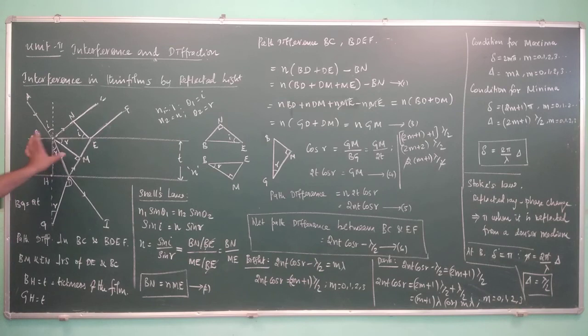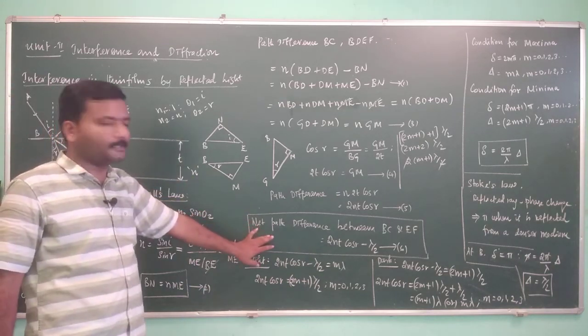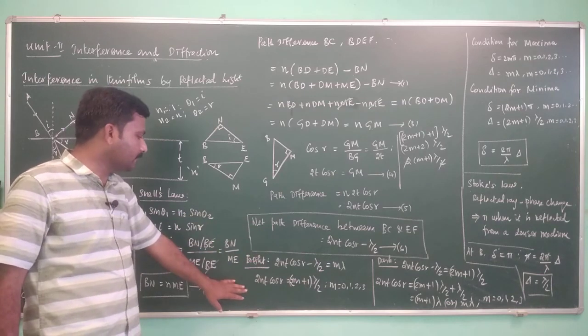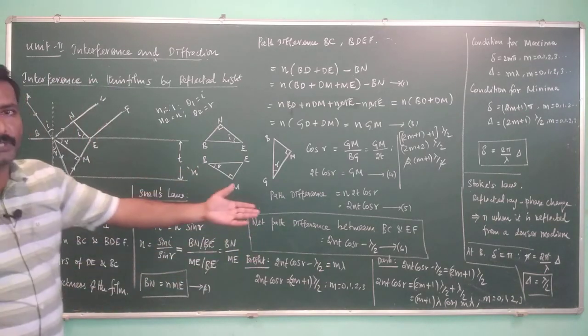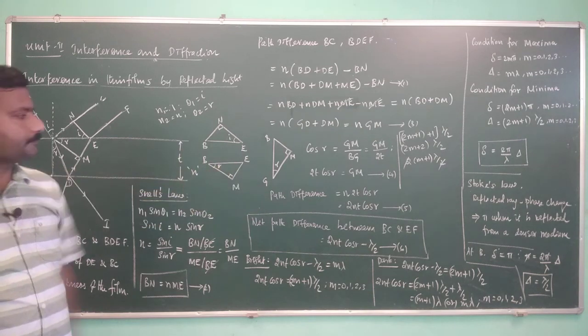For that we have calculated the equation for net path difference, and we obtained the condition for the film to appear bright and the film to appear dark.